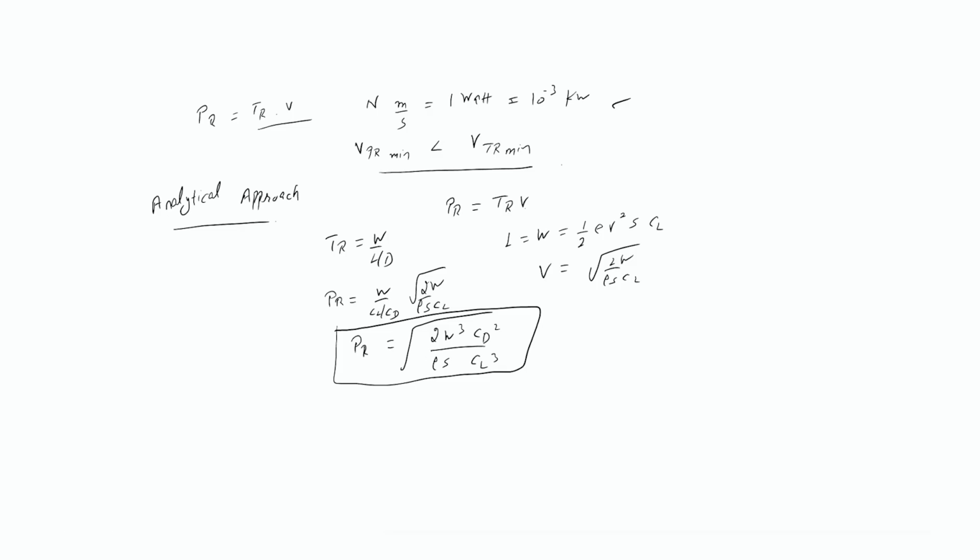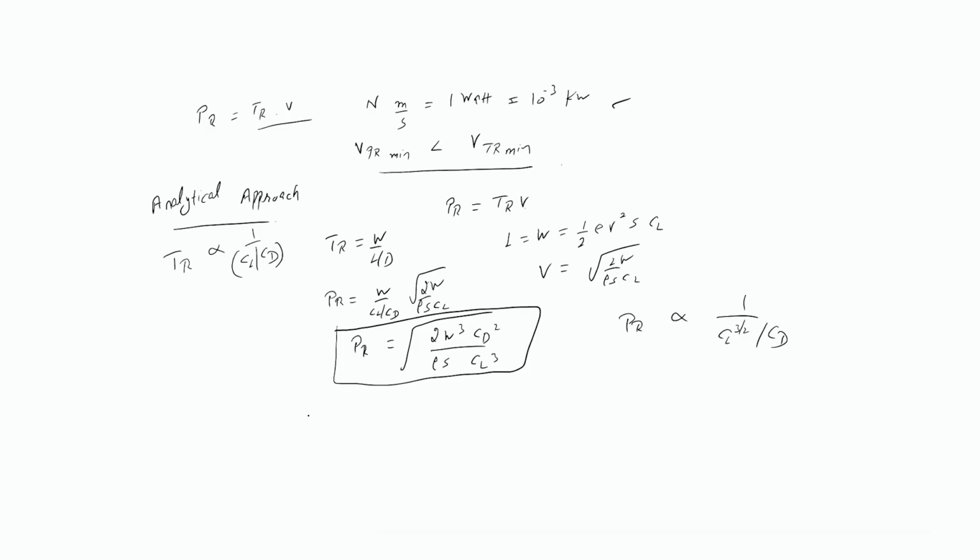Okay. So now if you see this equation carefully, power required is inversely proportional to CL power 3 by 2 by CD. But remember, what about thrust required? Thrust required was proportional to 1 upon CL upon CD. Okay.